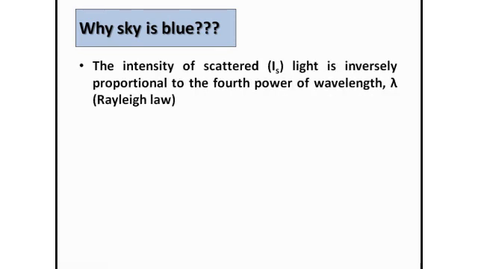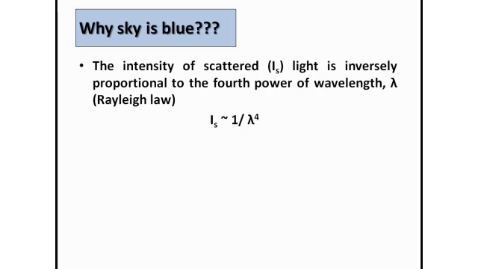You see, the intensity of the scattered light, designated with I, is inversely proportional to the fourth power of the wavelength lambda. This law is known as the Rayleigh law. The Rayleigh law means the intensity of the scattered light is inversely proportional to the fourth power of the wavelength.